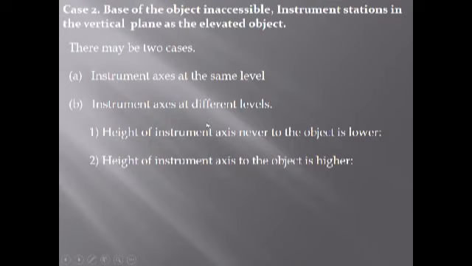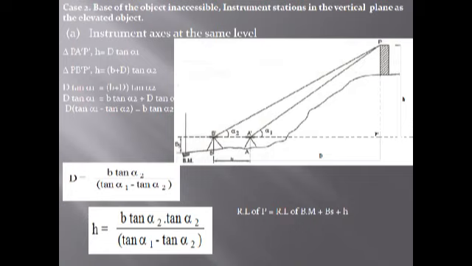This is about the base of an inaccessible object, with the instrument station in the vertical plane of the elevated object. There are two cases: instrument axis at the same level and instrument axis at different levels. The height of the instrument axis to the object is lower, or the height of the instrument axis to the object is higher.